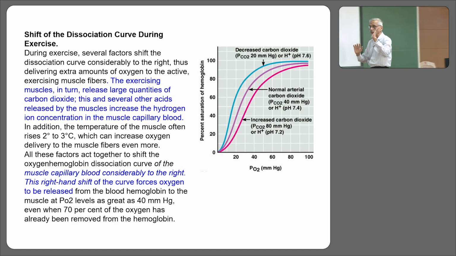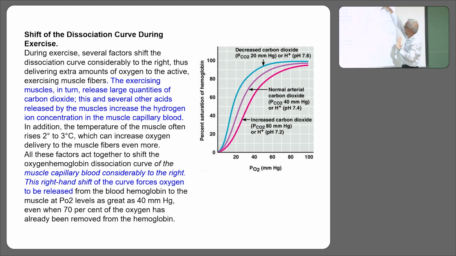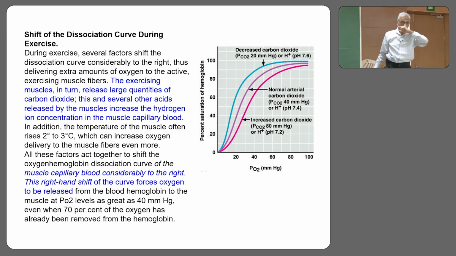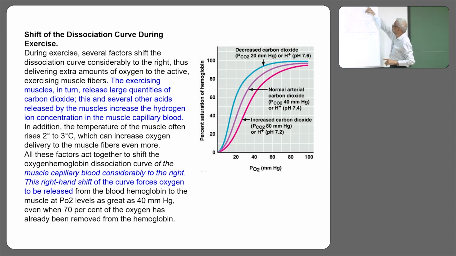As a result of excess exercise, excess carbon dioxide, the pH has dropped to how much? 7.2. As a result of that, the oxygen dissociation curve which was here has now moved. Moved means what? At the partial pressure 40, it has so much percentage, but when it was 7.4, it was so much. Are you getting the difference?